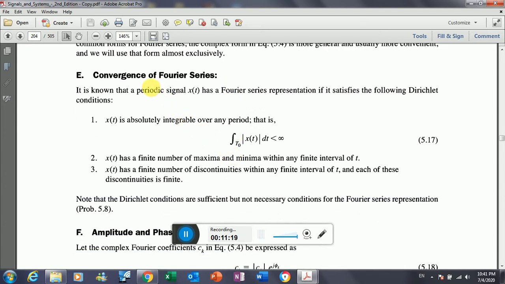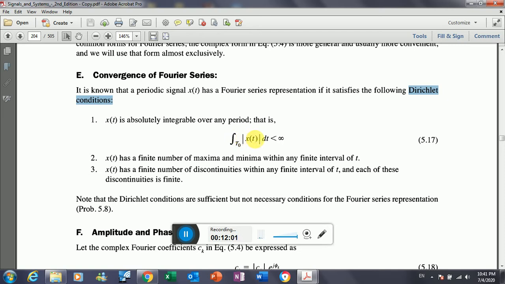We will study the next topic, the convergence of Fourier series. For convergence of Fourier series, there are three conditions. These are called Dirichlet conditions. Without these conditions, the Fourier series does not exist. Number one condition is that x of t is absolutely integrable over any period. That is, the integral of the magnitude of x of t dt should be less than infinity.